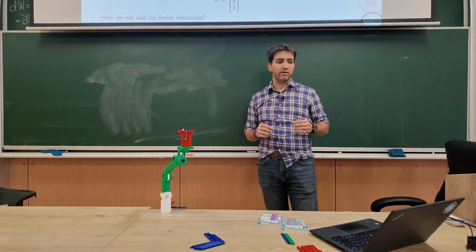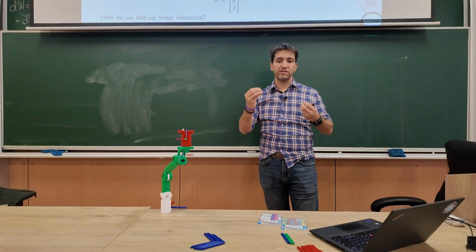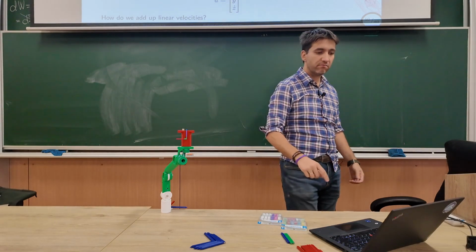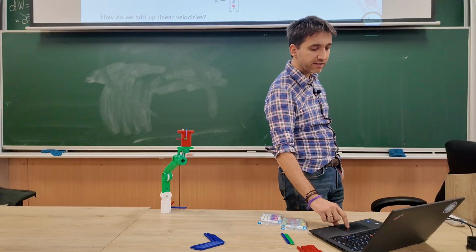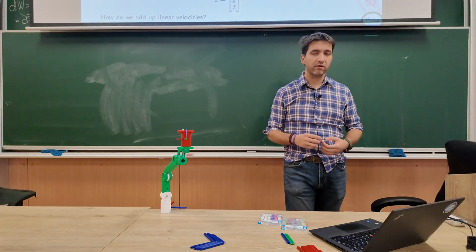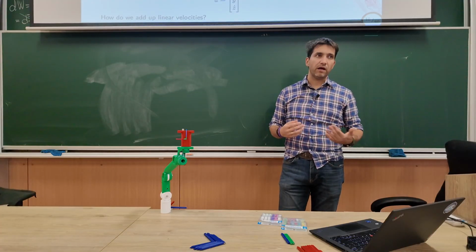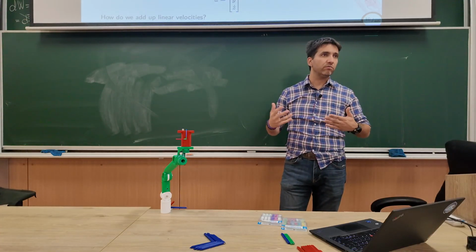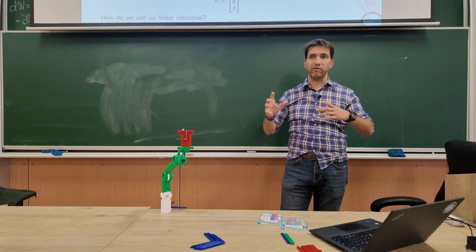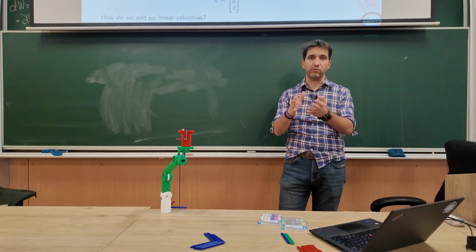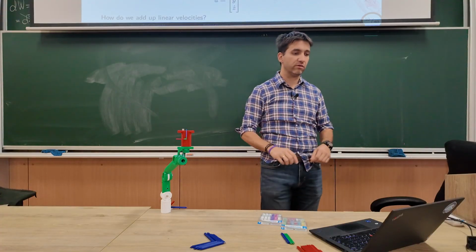If I have an object that has 3 different velocities, let's say velocity on x, y, and z, how can I add them together? I use vector addition, right? You probably remember this maybe from high school. If I have multiple vectors acting on an object, I can add them together using vector addition.